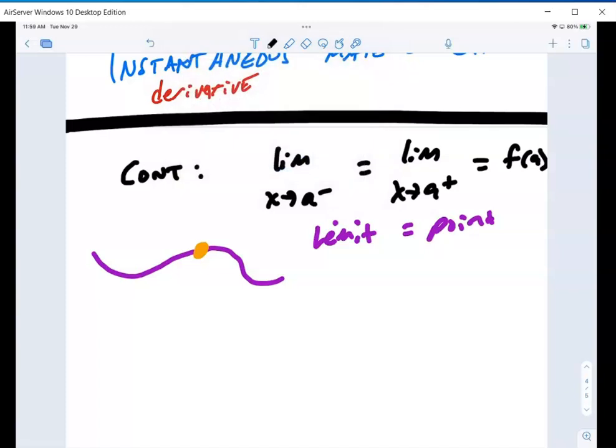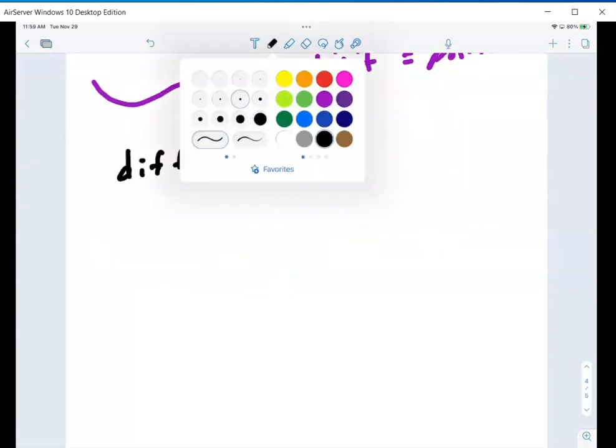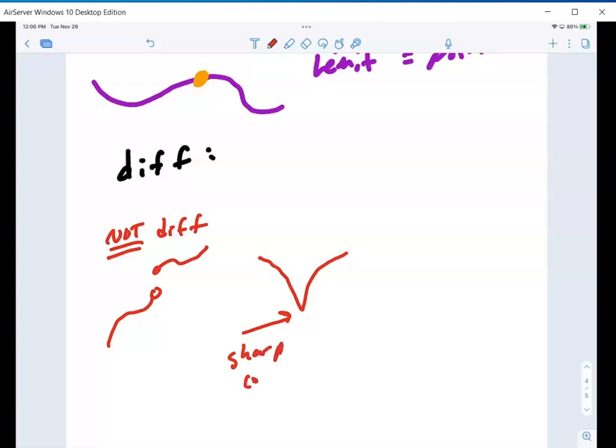In order to be differentiable, basically the derivatives have to be continuous. Now, it's easier to talk about differentiable by saying things that are not differentiable. Okay, and there's basically 3 things. If you have a break in the graph, it's not differentiable, or a hole. If you have something like that, that's called a sharp corner.